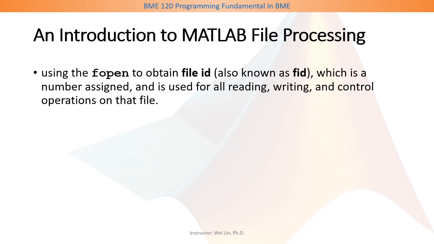What it requires is a file name and also some permissions on how to operate on the file. So what you'll get is a so-called file ID. And this is a number. Once you open a file, the following operations will no longer use the file name. Instead, they will use the file ID to identify the file you're going to use.